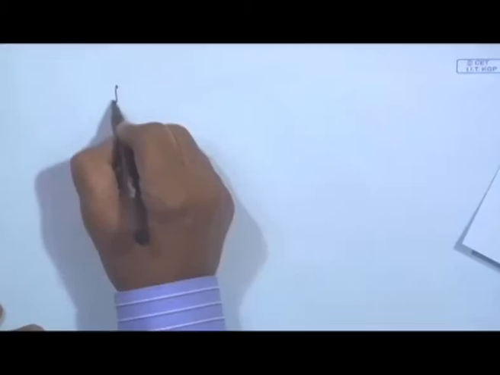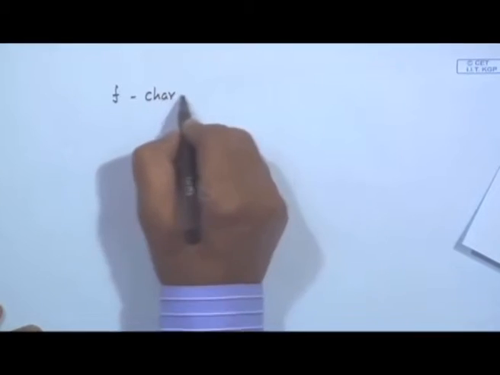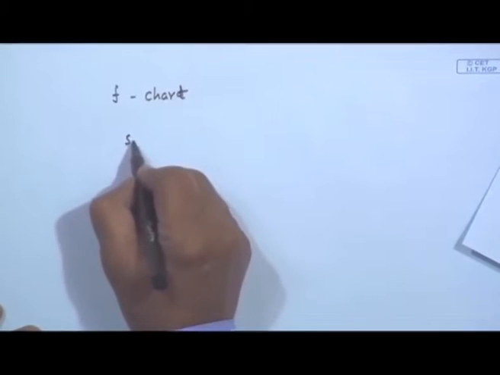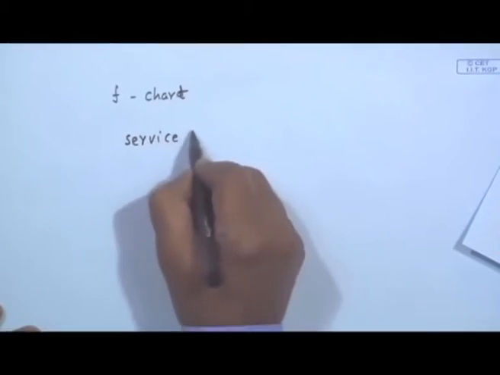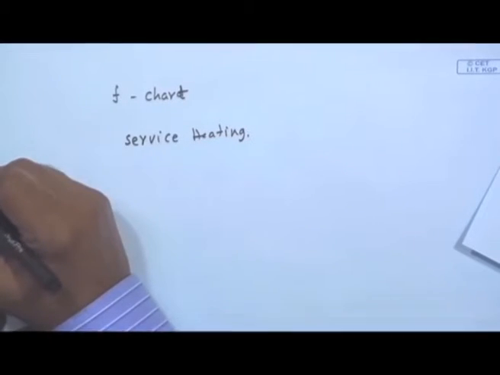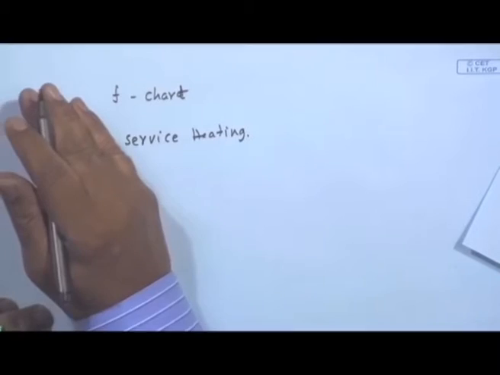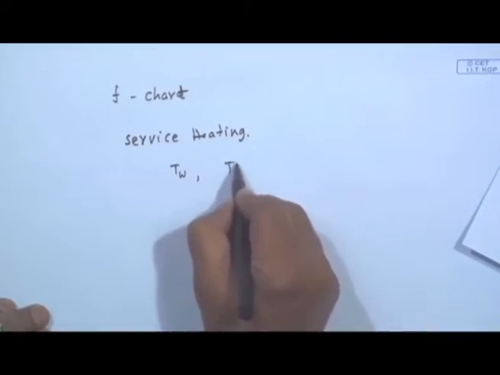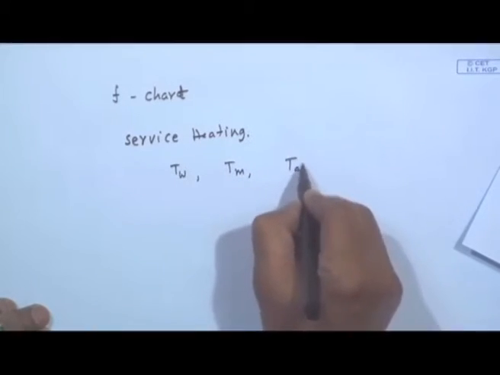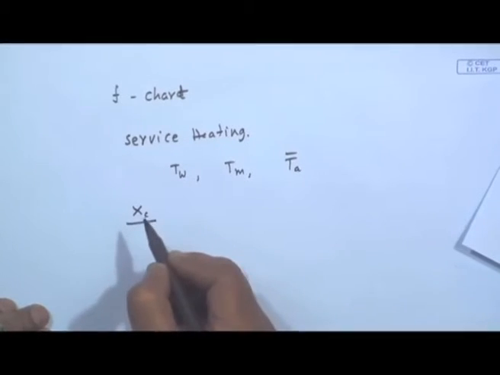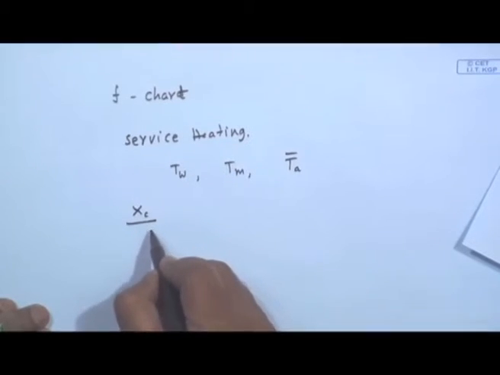Then the F chart has been made useful for service heating, that is, you would like to estimate the solar load fraction if the system is going to supply at some TW, if the mains temperature is Tm and the ambient temperature is Ta bar. That is simply done using the air collector correlation or the water collector correlation.